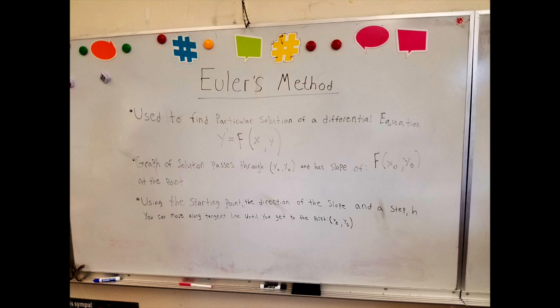Basically you use the starting point and the direction of the slope, and then there's a step, which is the interval you can break it up in, given by h. You can move along the tangent line until you reach a point where x is x sub 1 and y is y sub 1.